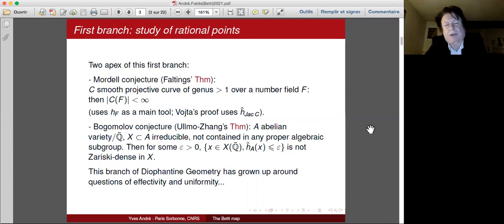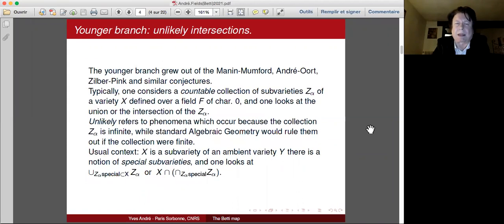So this branch of Diophantine geometry is still vivid, of course. It has grown up around questions of effectivity, uniformity, and so on. But let me speak about the younger branch, which is the theory of unlikely intersections. This younger branch grew out of a series of conjectures, Manin-Mumford, André-Oort, and Zilber-Pink, and other similar conjectures.